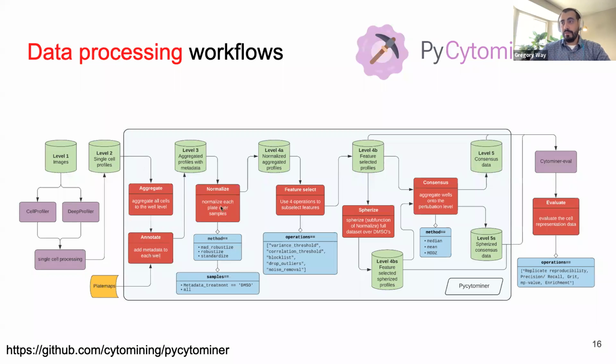And we hope to improve all of these individual steps as we go through the different data processing steps. So things like normalization, historically, these haven't really been all that explored. So we're hoping to develop different normalization procedures, different feature selection procedures, different batch effect correction methods, and so on.